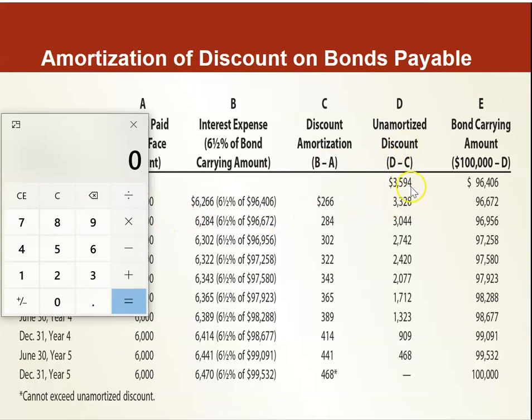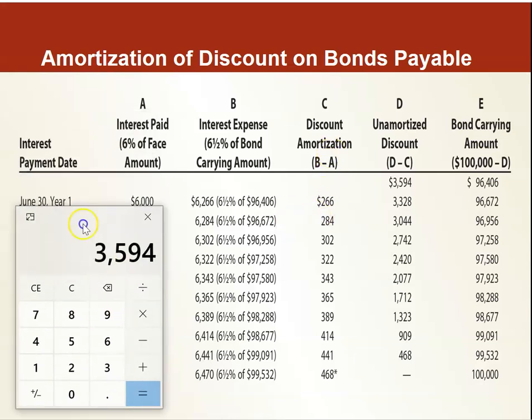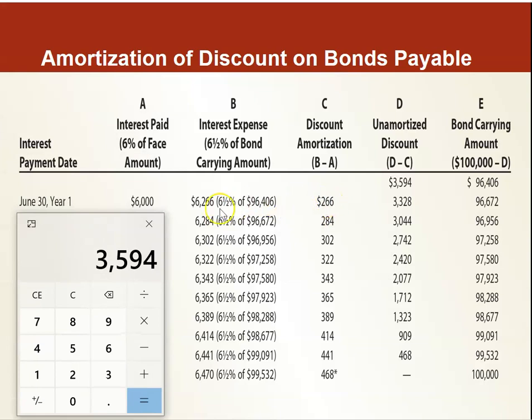Initially, we had an unamortized discount of $3,594. We're going to subtract from that the discount amortization. Remember, the discount amortization is the difference between interest expense and interest paid. And we arrive at our new unamortized discount of $3,328.